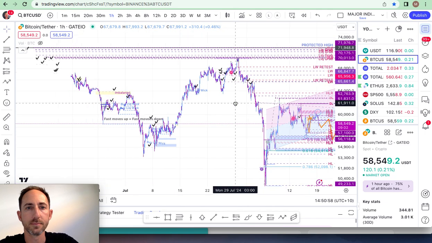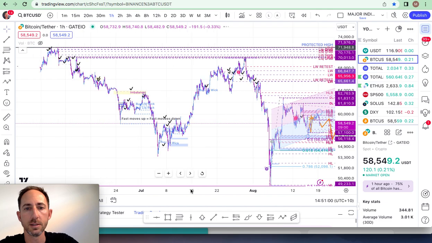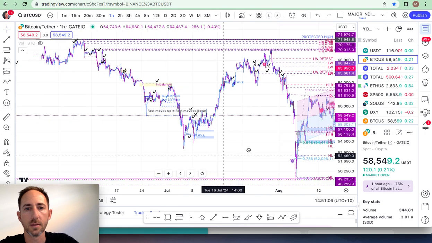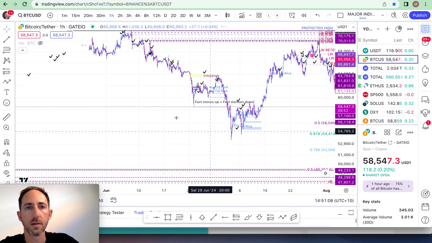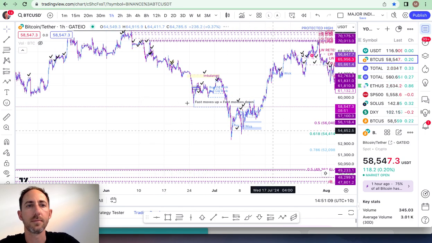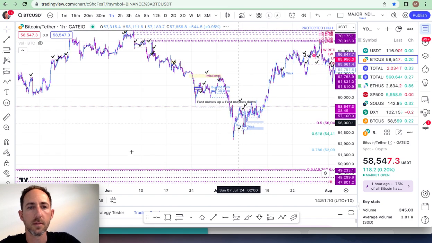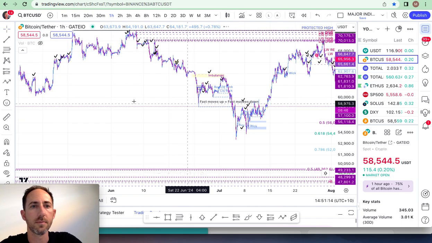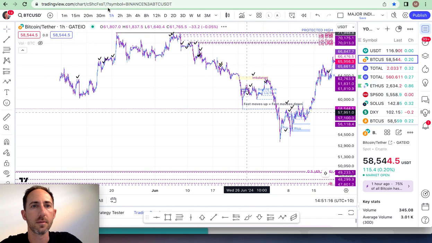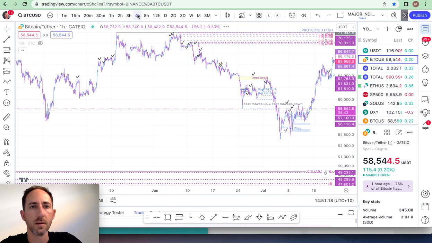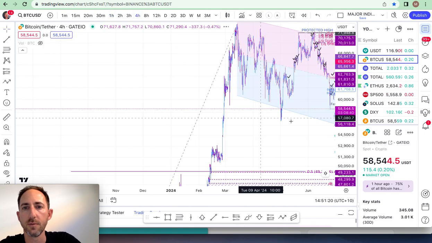Let's go a little larger. Where are we? Let's just put it into a 4-hour, see if we can fit it on the chart.